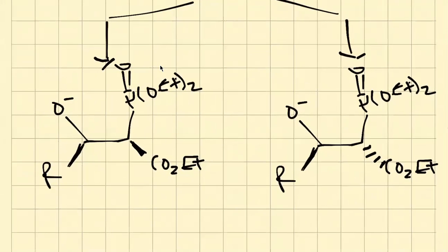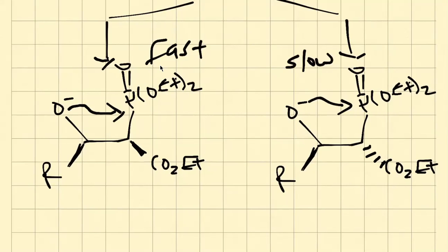What they're proposing is that the cyclization part, from here to here for the cis, is faster than it is for the trans. So this is the fast step. And then for the trans, it happens to be the slow step or the rate determining step, right? And there can be some interconversion between cis and trans also.